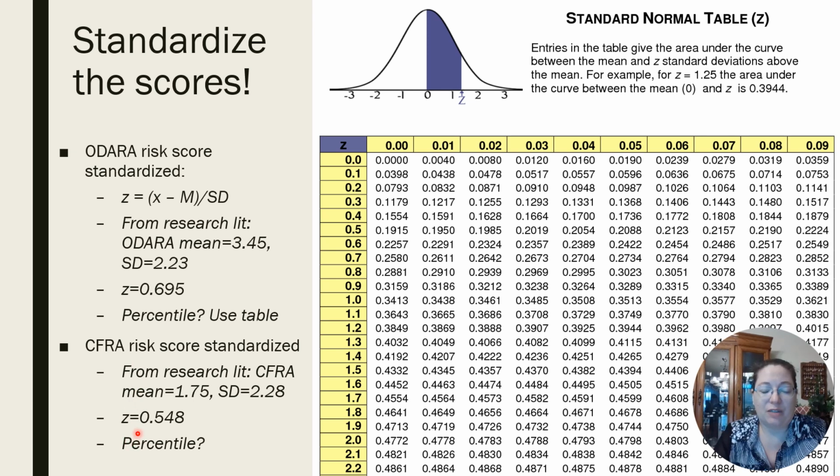Using the same formula for the CFRA risk score, we get a value of Z of 0.548. When we look at that table, 0.548, it's approximately 0.2088, so about here, and you can see that's a bit lower. It's now the 70th percentile.